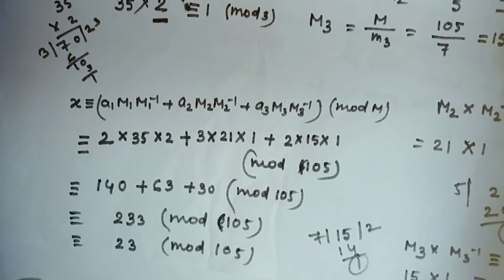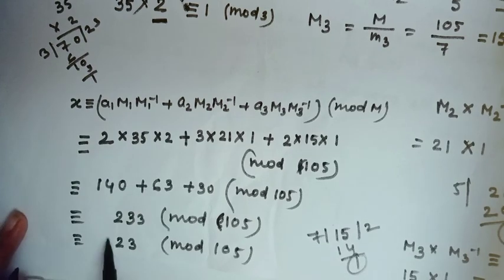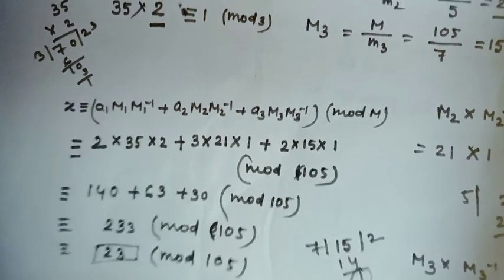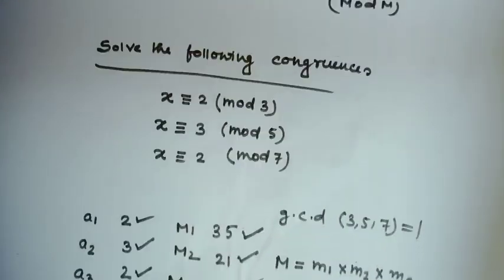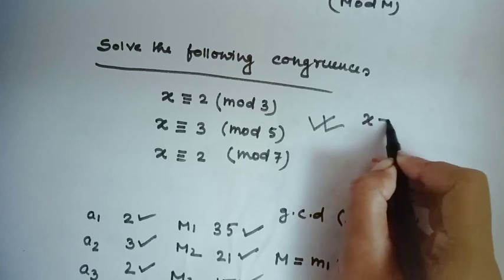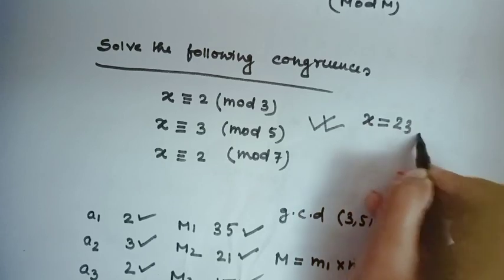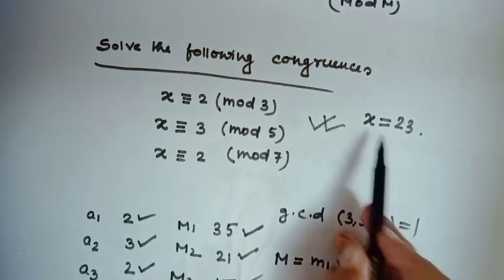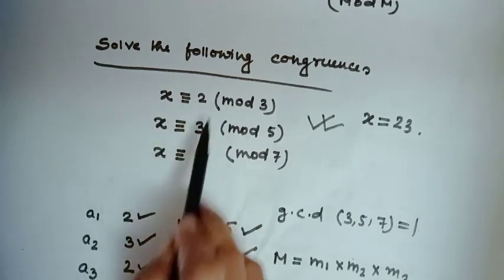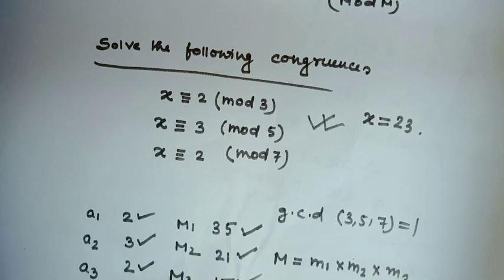That means the value of x equals 23. This is the unique solution of the equation. If you put this value here, you will get this answer.